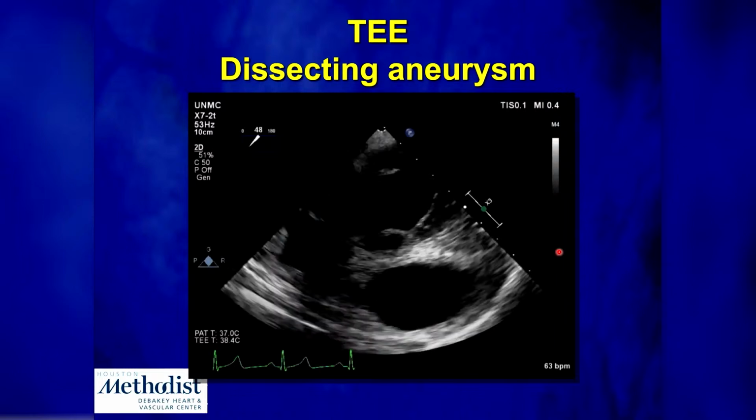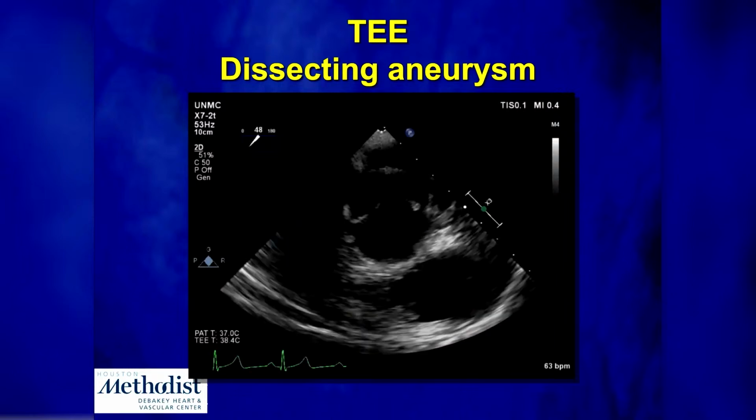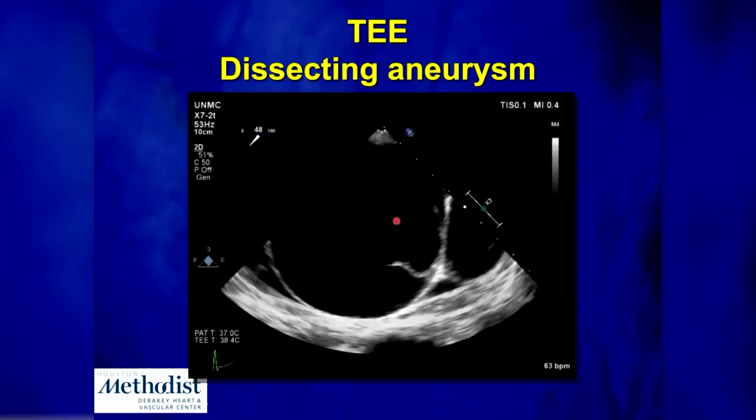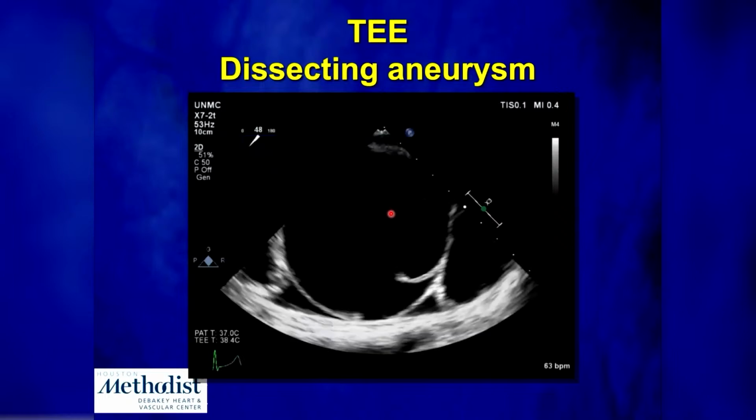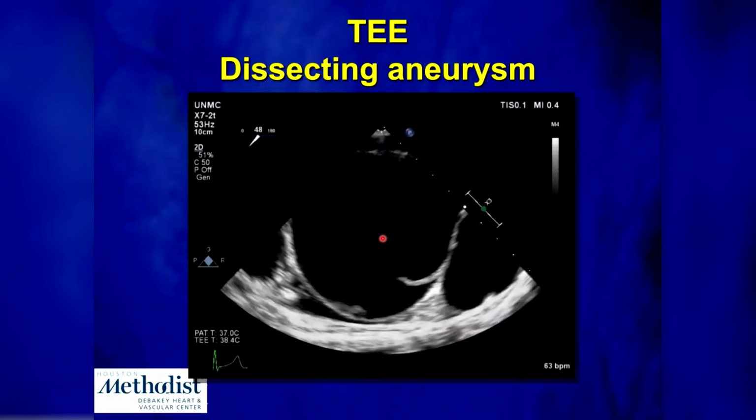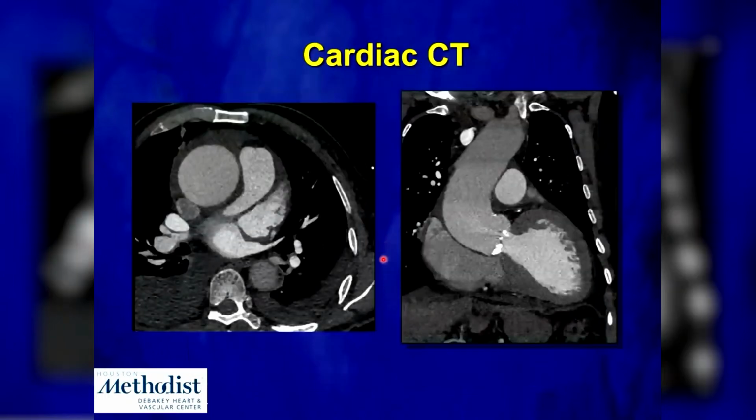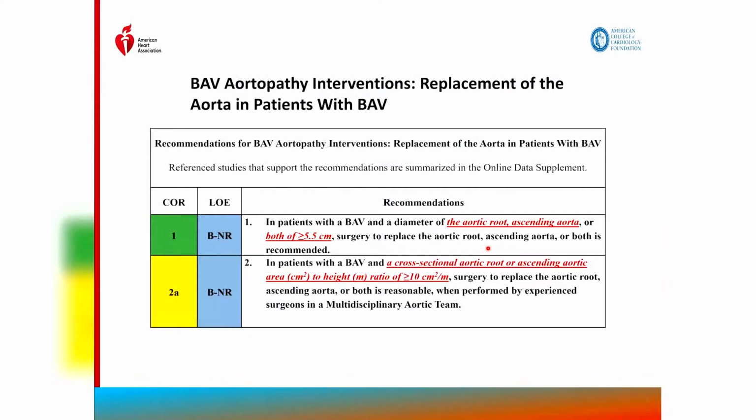This is a transesophageal echocardiogram of a patient who basically has a large dissecting aneurysm, and you can see the dissection plane over here in this descending thoracic aorta. Cardiac CT, in this case, is the short axis where we measure the internal dimension perpendicular to the blood flow. And you can see over here the effacement of the ST junction on this cardiac CT scan.